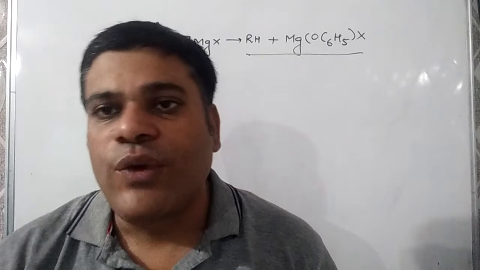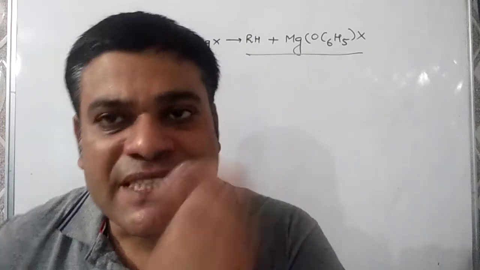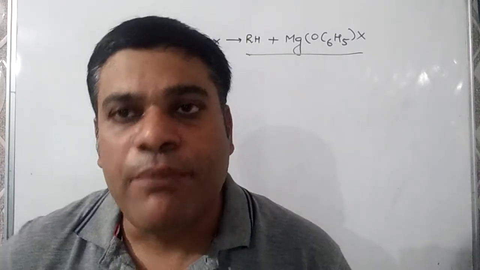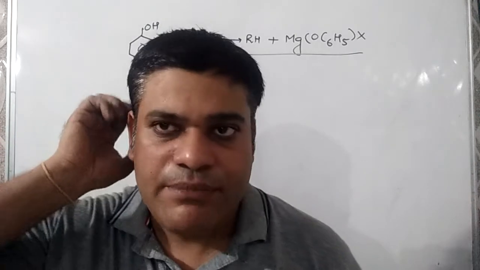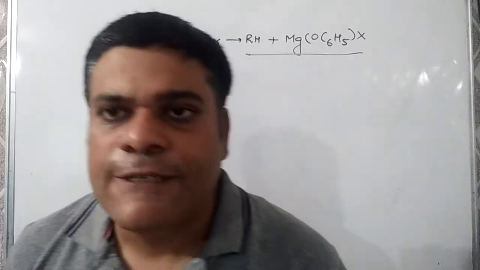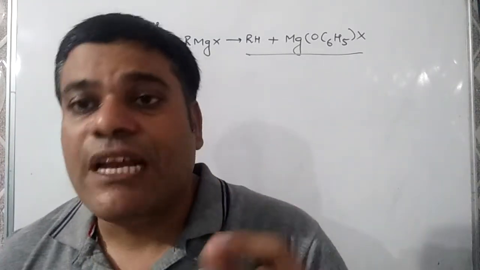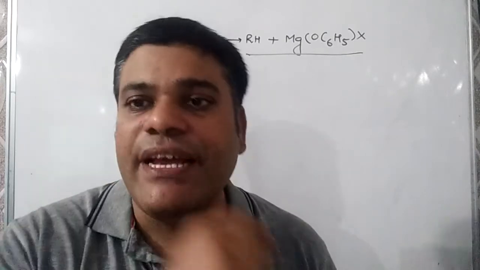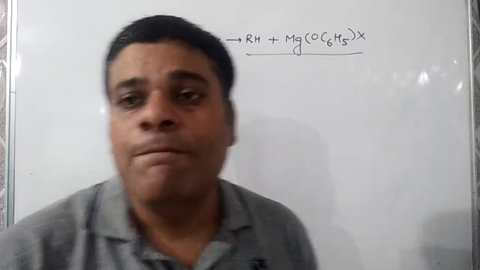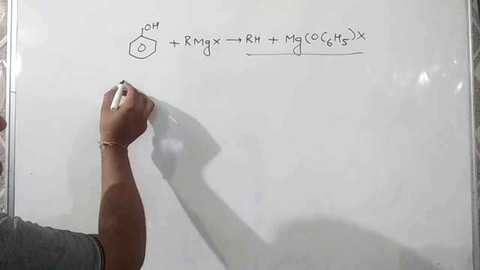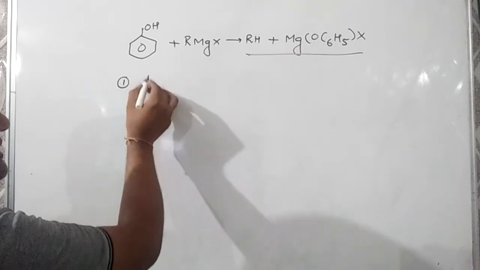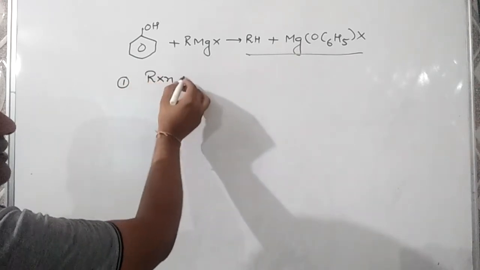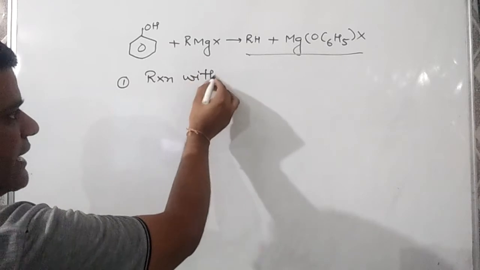After that, we are going to discuss the special properties of phenol, which are very important, may be asked in your exams. Already a few of them we have discussed. The first one is reaction with zinc dust.